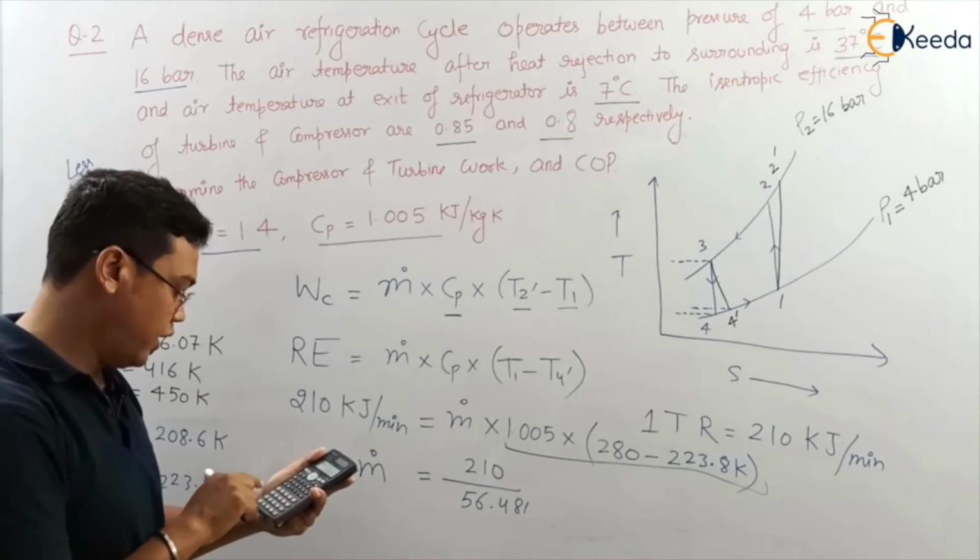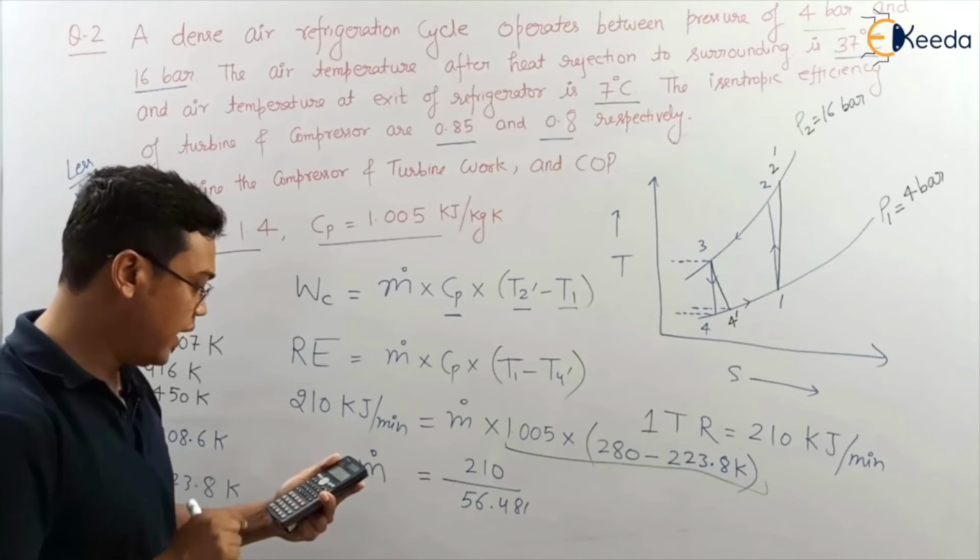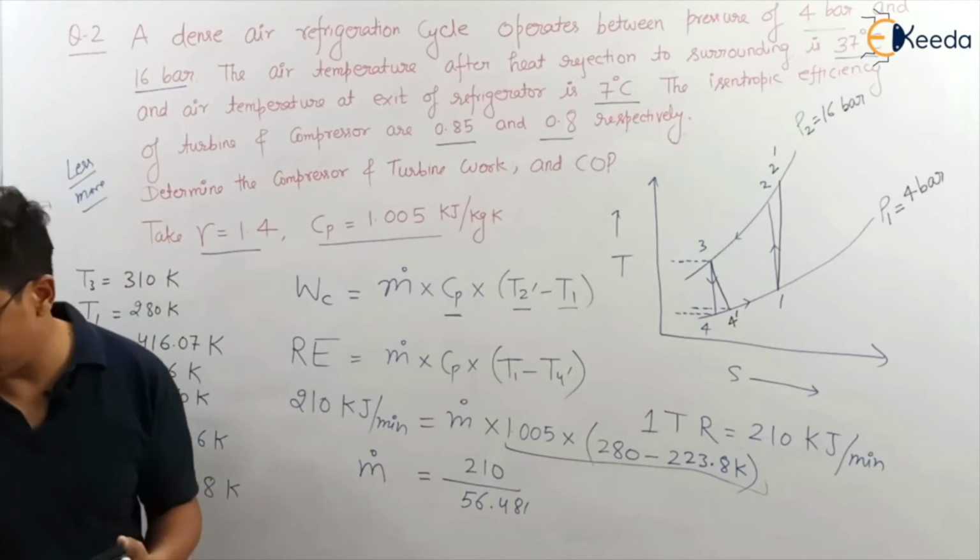Then 210 divided by 56.481, I'll get 3.718.